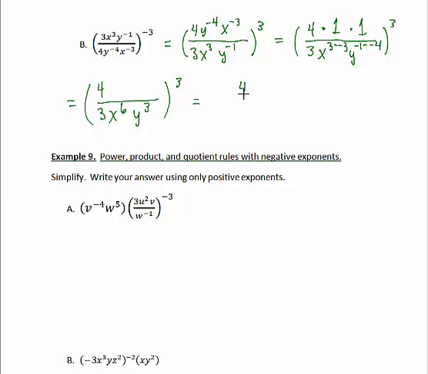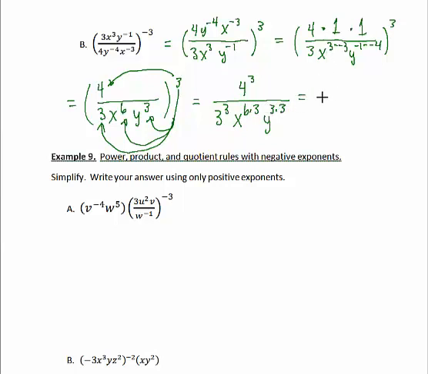We just simply apply the power rule, which says that we raise the 4 to the 3rd power, the 3 on the bottom to the 3rd power, multiply the 6 and the 3, multiply the exponents on the bottom by 3, okay, carry out the exponents.